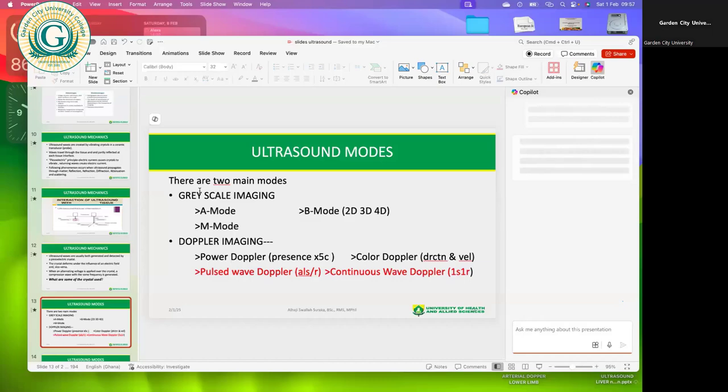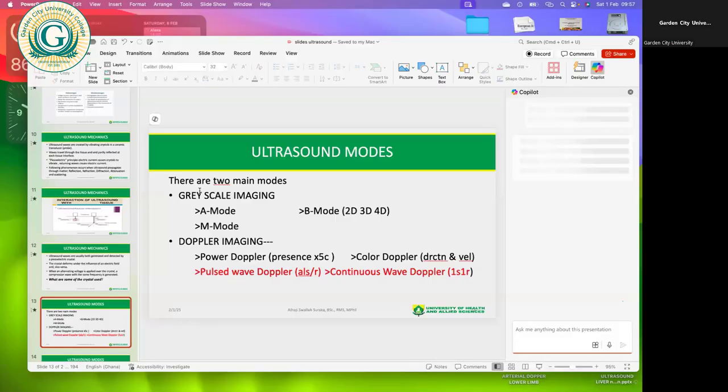Whereas for the B mode, which is usually what we most frequently use, the black and white mode, the B actually stands for brightness, whereas the A stands for amplitude. So the A is the amplitude mode, whereas the B stands for brightness mode.